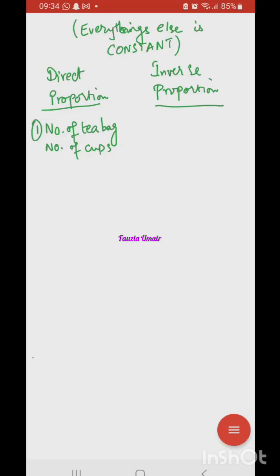When we are comparing quantities by proportion, the assumption is that everything else is constant, the same. What about the milk or sugar we are adding in the tea? They can also be less or more, but we will not talk about the ones we are not considering in the question. This is the assumption in proportion questions. The only quantities compared are the variables in the scenario.